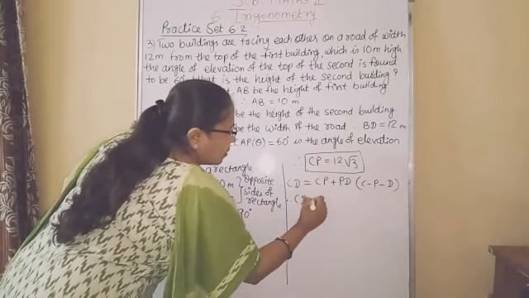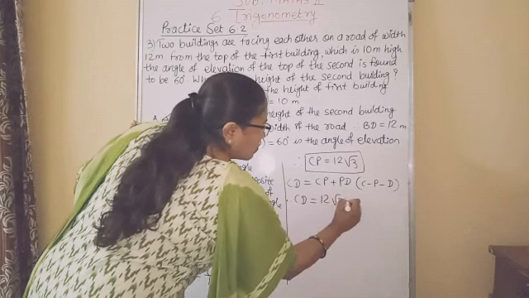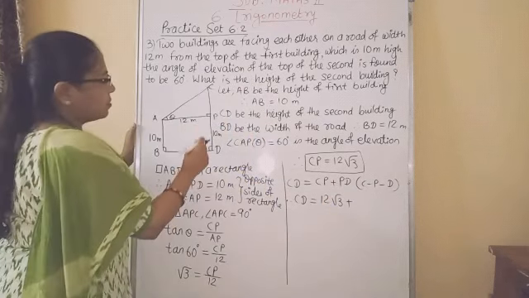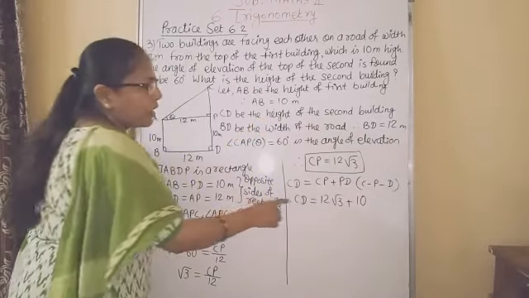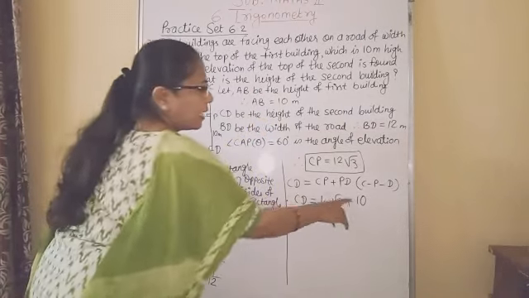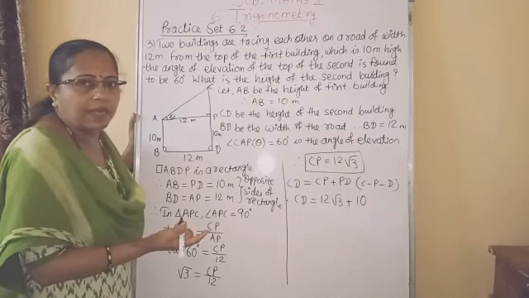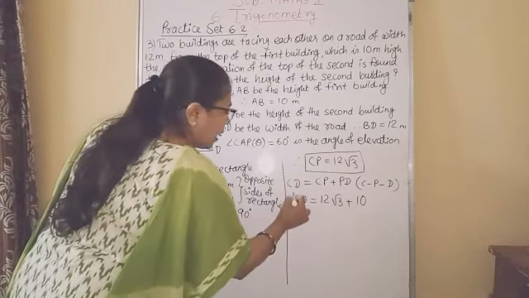Therefore, CD is equal to CP, which we calculated as 12 root 3, and PD we know is 10. Okay. Now this 12 root 3 is an irrational number and 10 is a rational number. So we can't add rational and irrational. So we will keep the answer as it is.